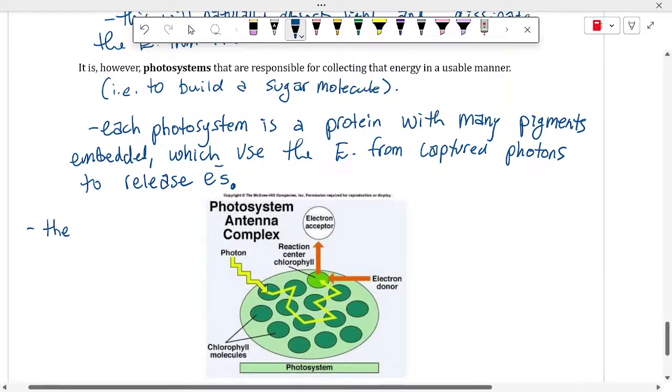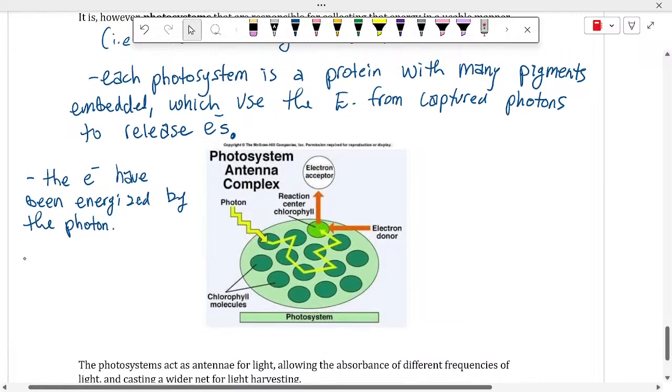So the electrons have been energized by the photon. They get passed along a network of pigments, all inside the photosystem.